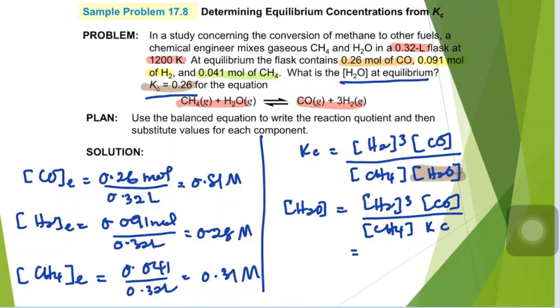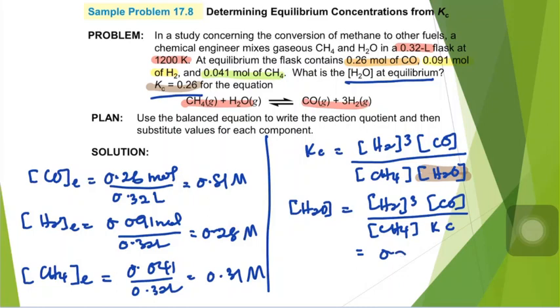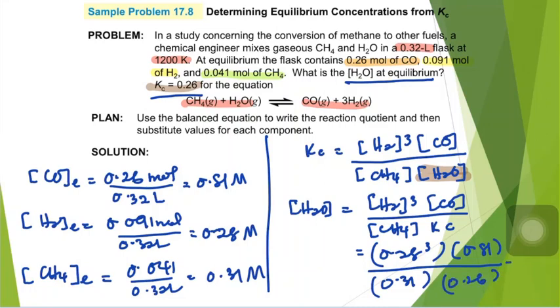and the values are: H2 is 0.28 power of 3, CO that we calculated is 0.81 power of 1, over CH4 0.31 power of 1, and the Kc is 0.26.